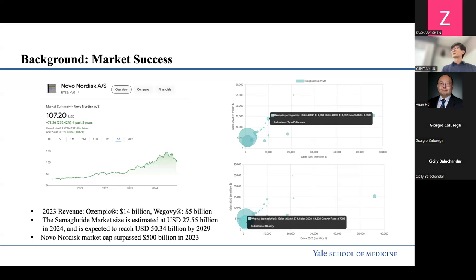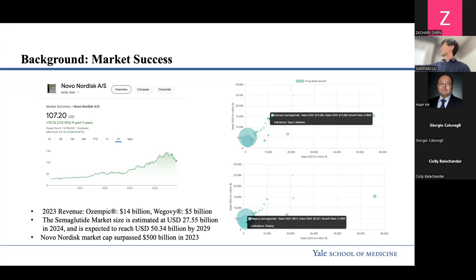And it was estimated this year the whole semaglutide market would reach around $30 billion, and maybe it would reach 50 by 2019. And here on the right-hand side, the x-axis is the sales for different blockbuster drugs, for those popular drugs.